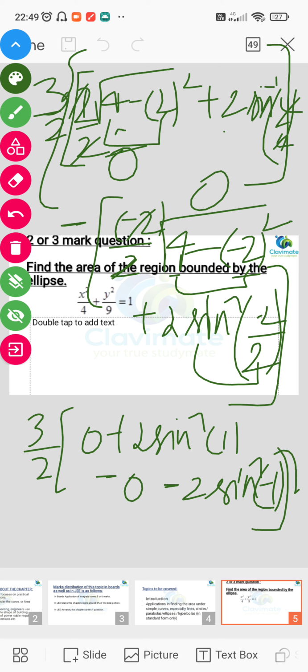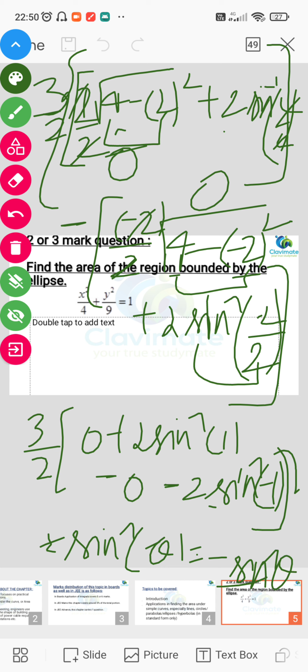Okay, now let's solve this further. We know sine inverse of minus theta is minus sine inverse theta. So let us use this here.